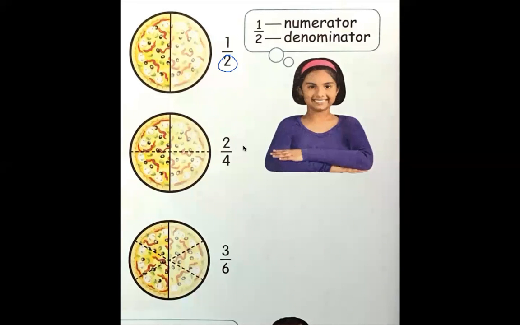Okay, the next pizza, this is Jason's pizza. Jason cut his whole into how many pieces? How many pieces is his whole? Raise your hand. In Jason's pizza. How many pieces is the whole?